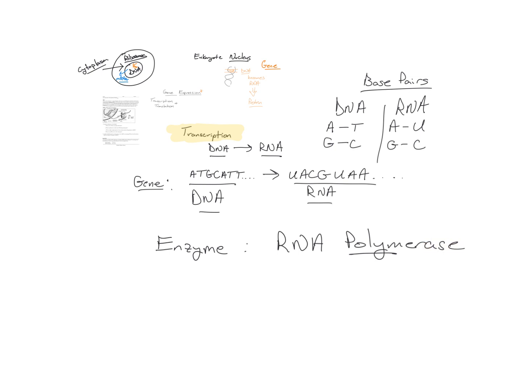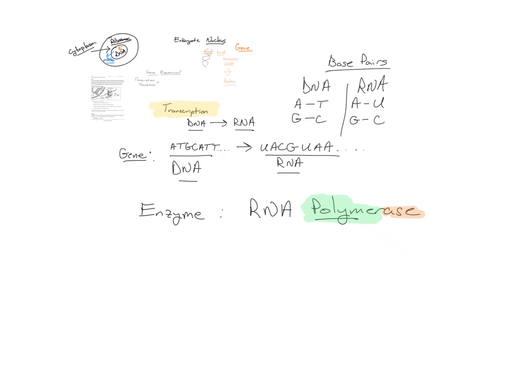And polymer, I hope it is obvious now, means it's taking a bunch of monomers and putting them together into a polymer. And of course, RNA is ribonucleic acid. So this is an enzyme that makes RNA. And you need to have some other supporting enzymes that help unwind the DNA. You need nucleotides, RNA nucleotides.